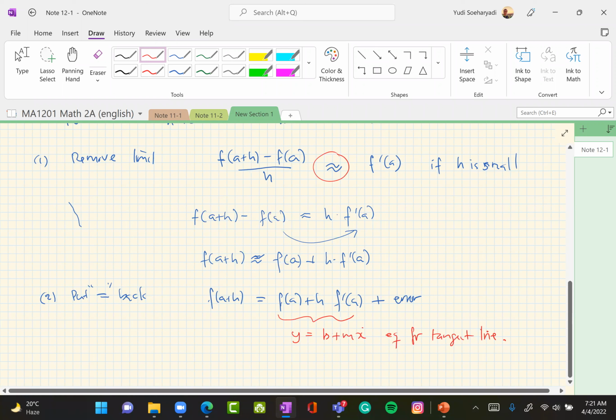So these equations can be interpreted as an approximation of this value by the tangent line at this point.